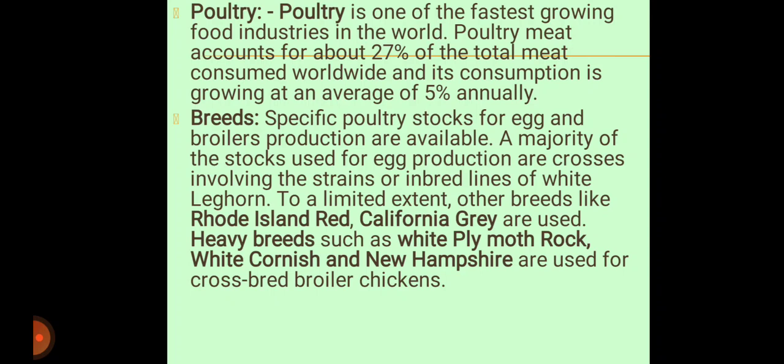To a limited extent, other breeds like Rhode Island Red and California Grey are used. Heavy breeds such as White Plymouth Rock, White Cornish and New Hampshire are used for crossbred broiler chickens.